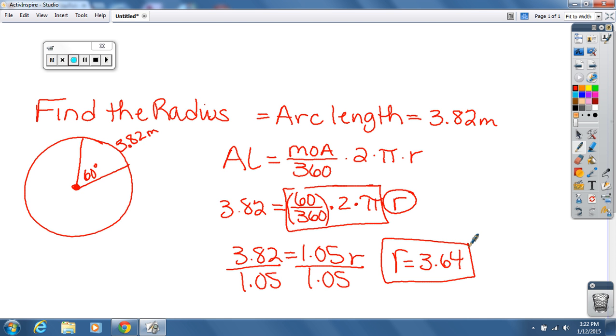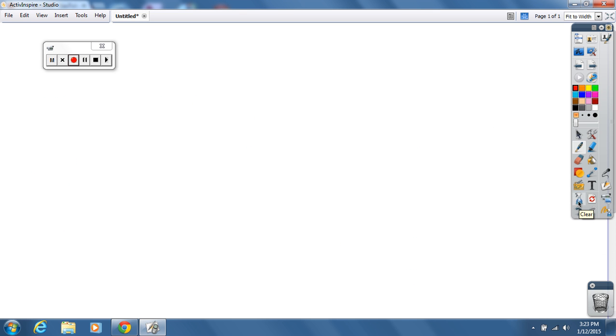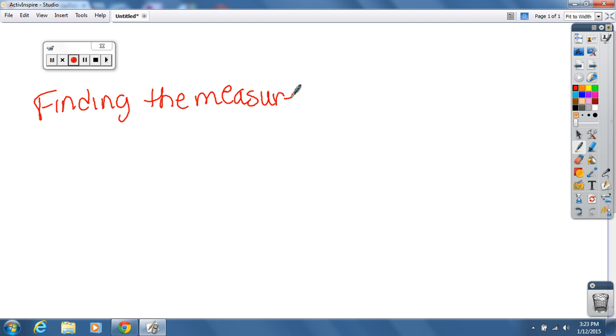Now, if I want to find the actual measure of my angle, I can do that also. So let's try that. Finding the measure of the arc.